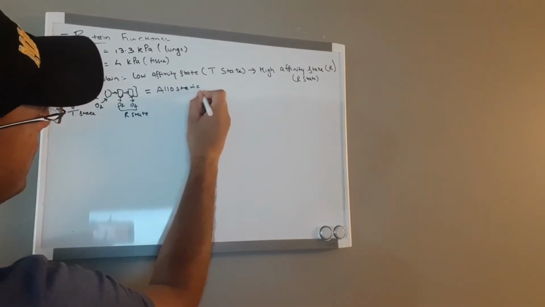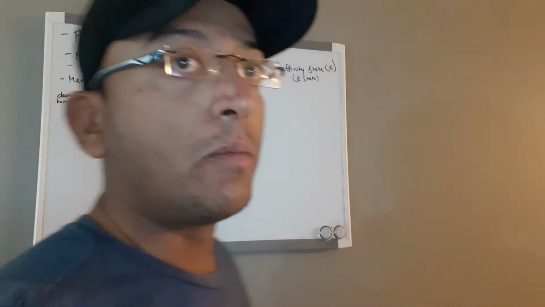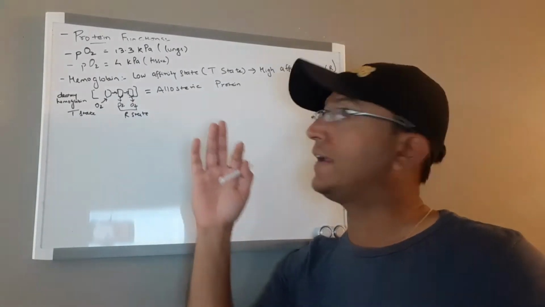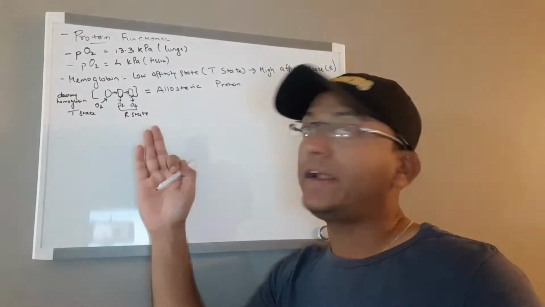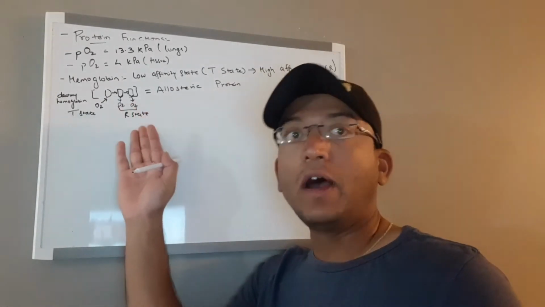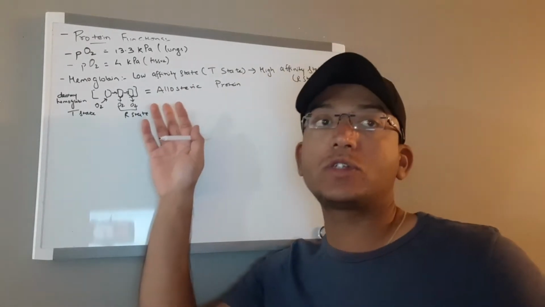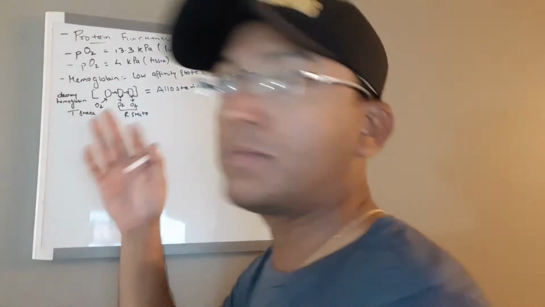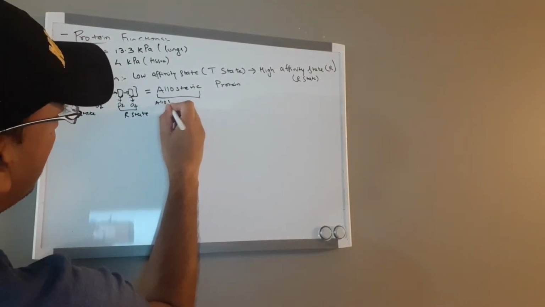What is known as allosteric protein? This means allosteric proteins are those in which the binding of a ligand to one site will affect the binding properties of another site on the same protein. The term allosteric is derived from the Greek.